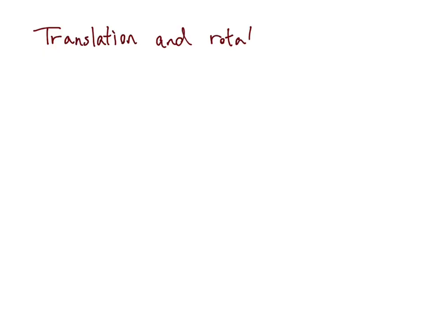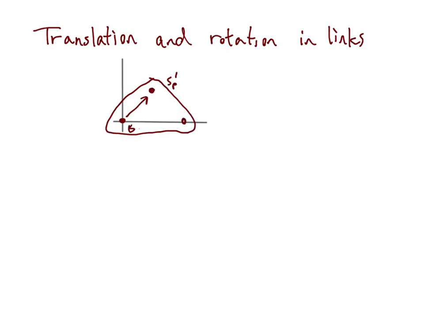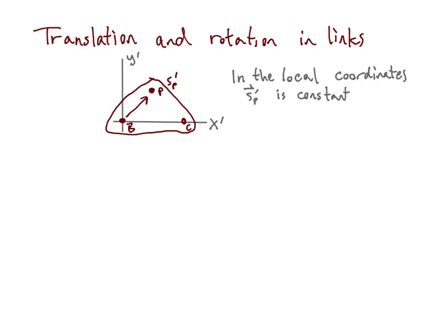So we're going to draw our link relative to the local plane, because within a local plane, our link is not going to change. We can say that the distance from B to C won't change, the distance from B to P won't change. In this case, we're going to refer to B to P as SP prime, because that's in our local X prime, Y prime coordinates.